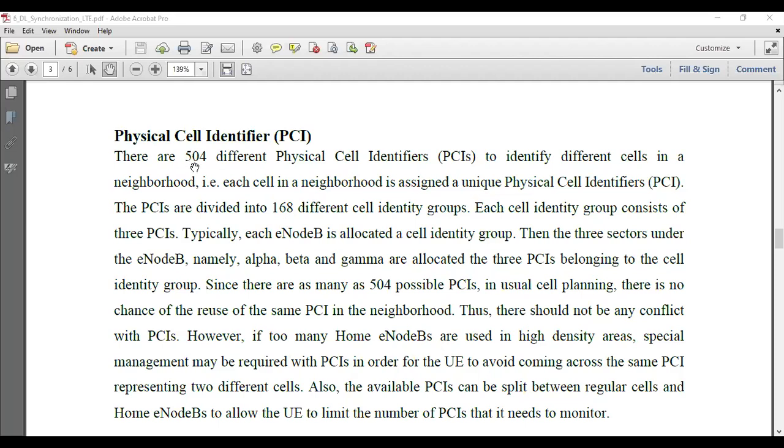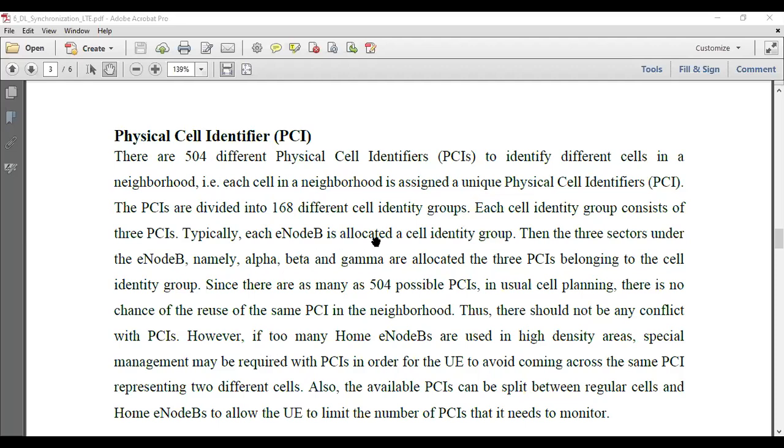This number was 512 in the case of 3G, and the identifier was called PSC, primary scrambling code. Different cells are identified with their PSCs, and 512 PSCs were there. In LTE, it is PCI, and 504 PCIs are possible.